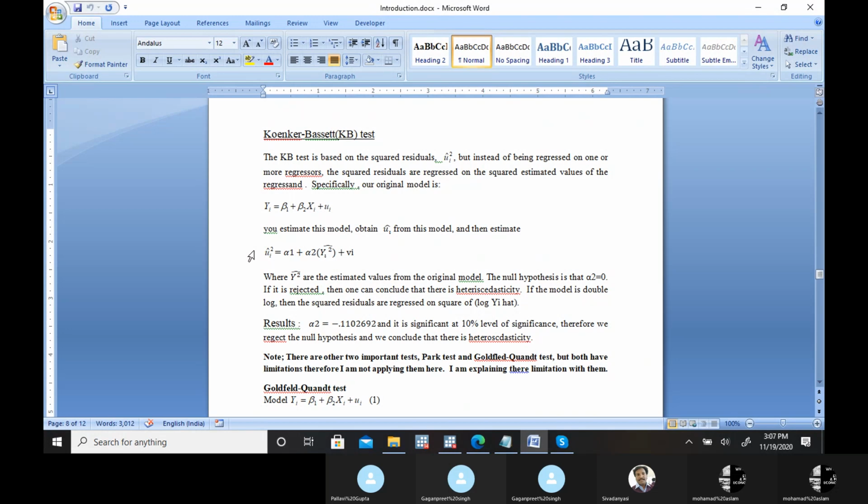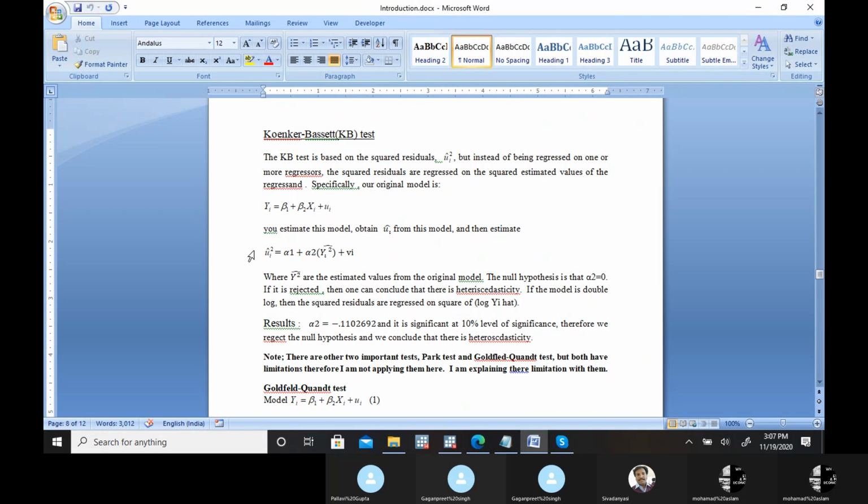And if the coefficient of Y hat square is statistically significant, it means that any of the independent variables is significantly explaining the changes in the residual. And that's the case of heteroscedasticity.